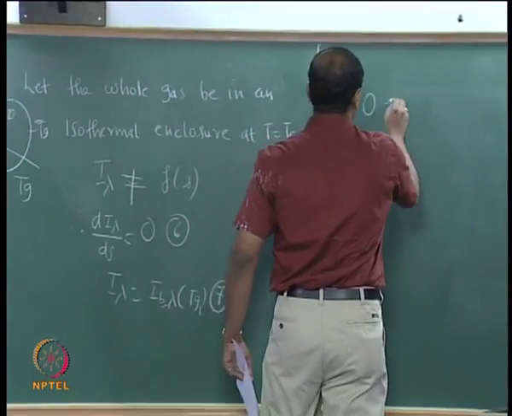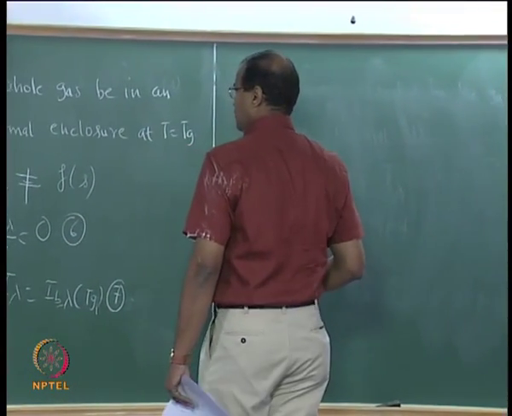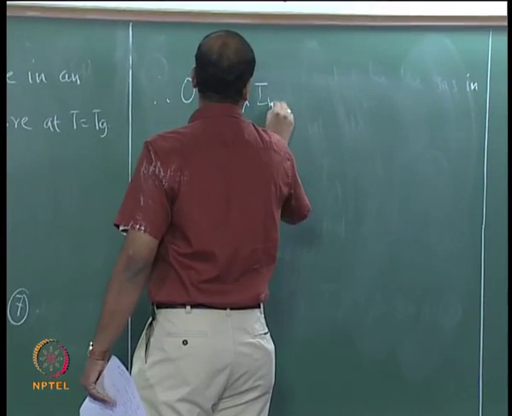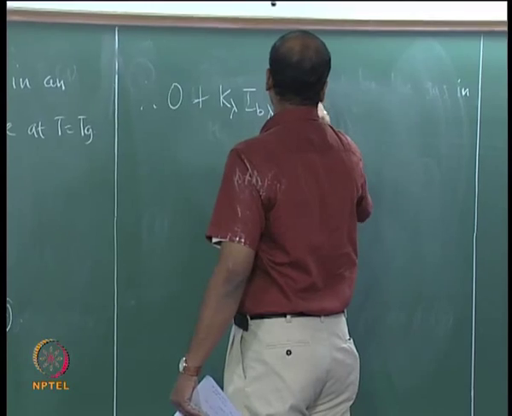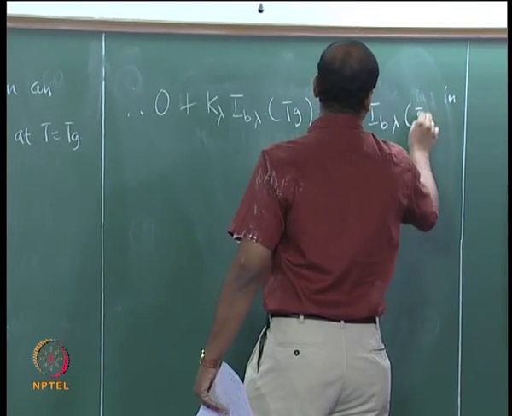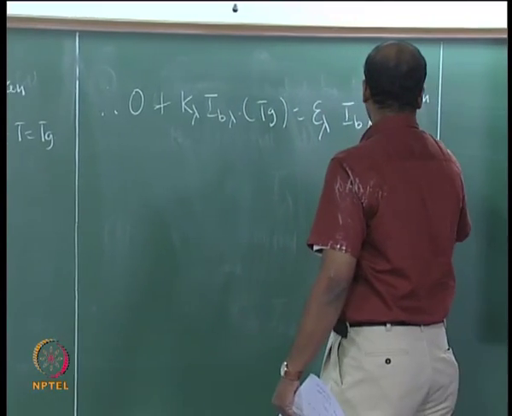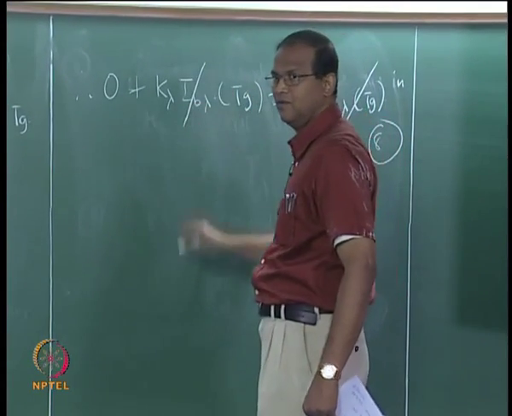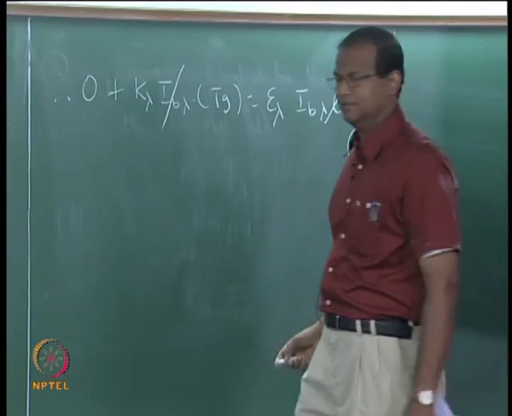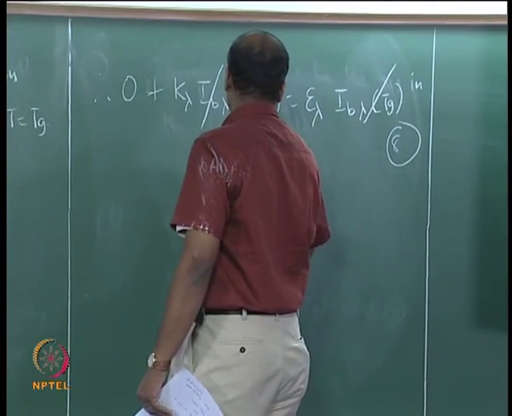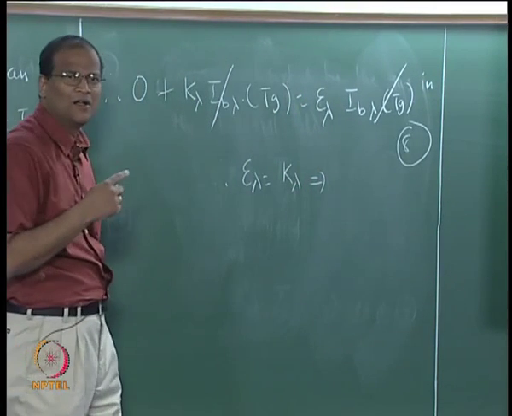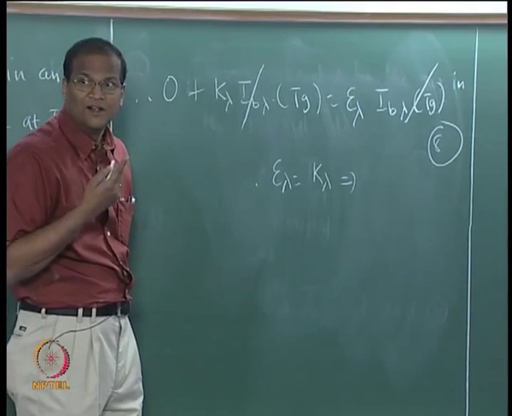Therefore, 0 equals... In simple English, epsilon lambda equals alpha lambda. What was this law? Kirchhoff's law, correct.